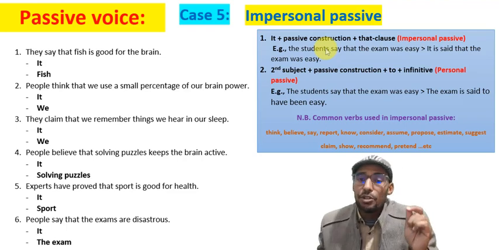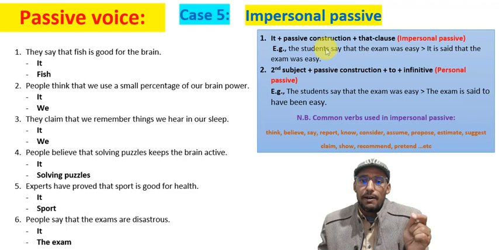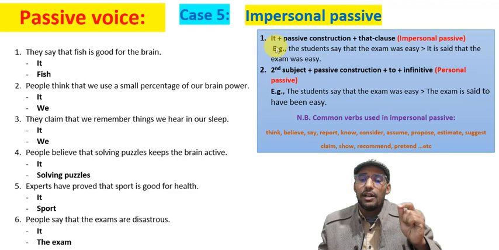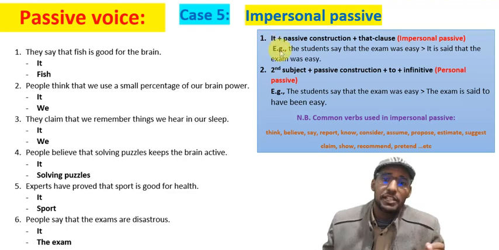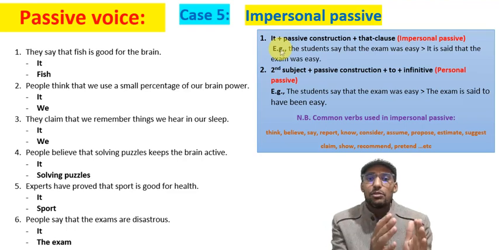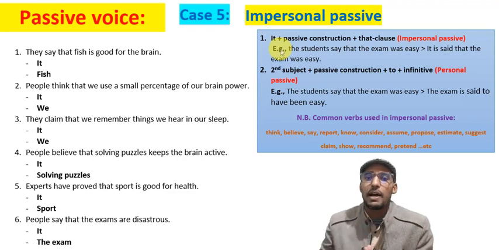So guys, to make the transformation process correct and successful, we can follow the first suggestion. We write at the very beginning of the statement "it" plus this passive construction, as I said, we'll understand very well when it comes to practice.